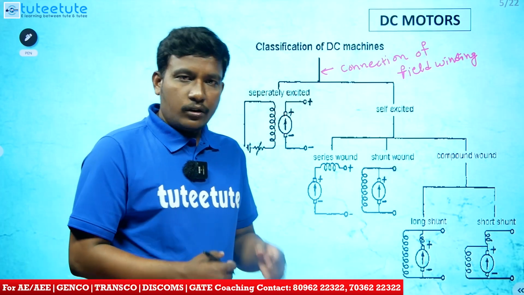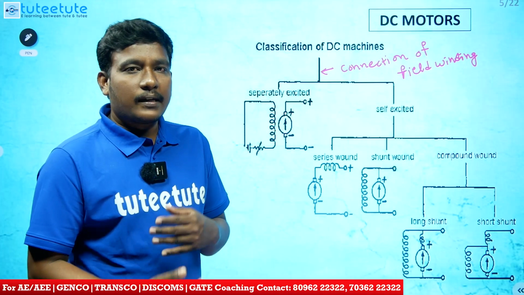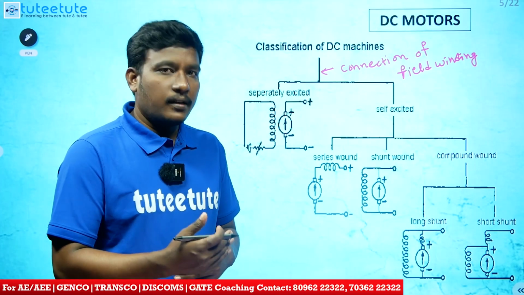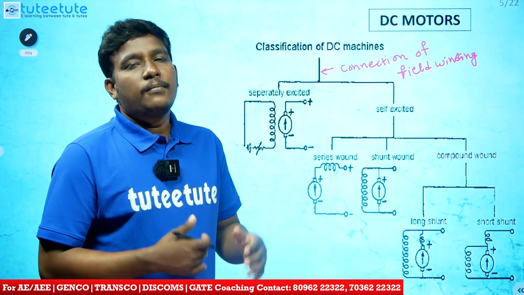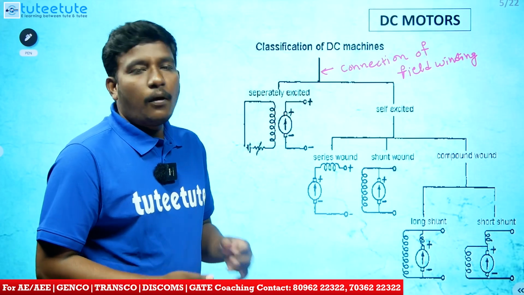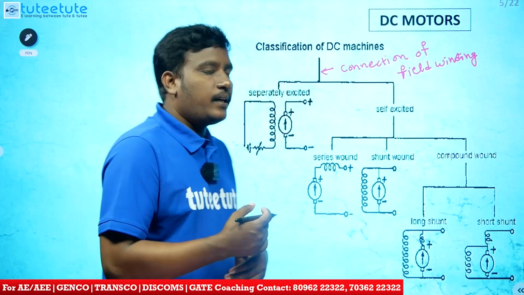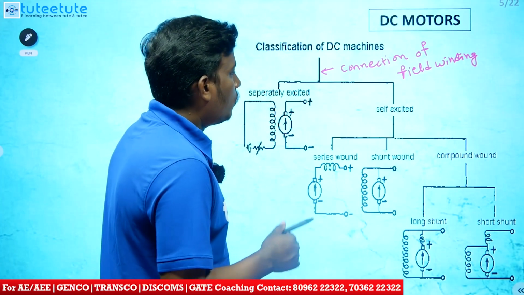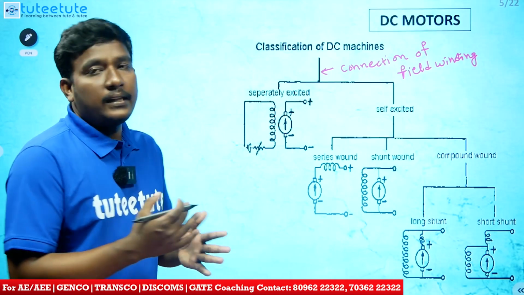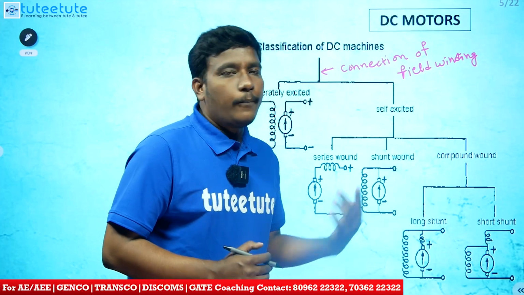Because of this residual magnetism, the motor develops some small torque, and with that the motor starts. Once the motor has started, with the help of this torque development and current, the field winding gets excited. This self-excited type is again classified into three types: series motor, shunt wound motor, and compound motor.